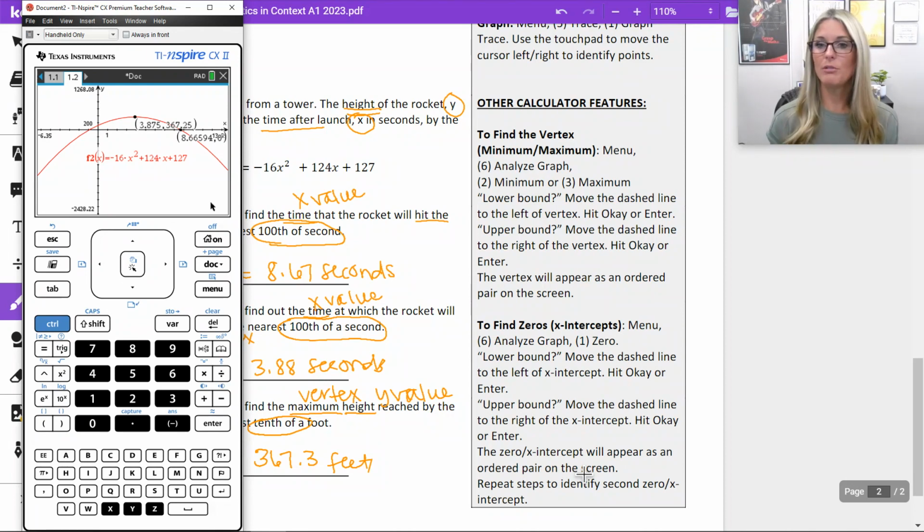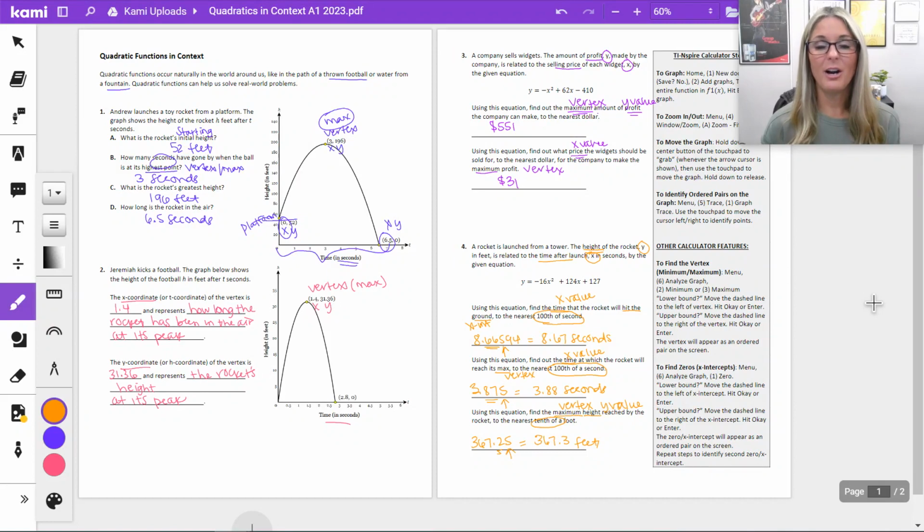So I just wanted to show you that as another feature, especially if you want to label them and put them on your graph. Again, a lot of students prefer the trace because it is quick and easy and usually identifies all the important parts that we need when we are taking a test or a quiz. So there are some examples of quadratics in context. We started with some simple questions.